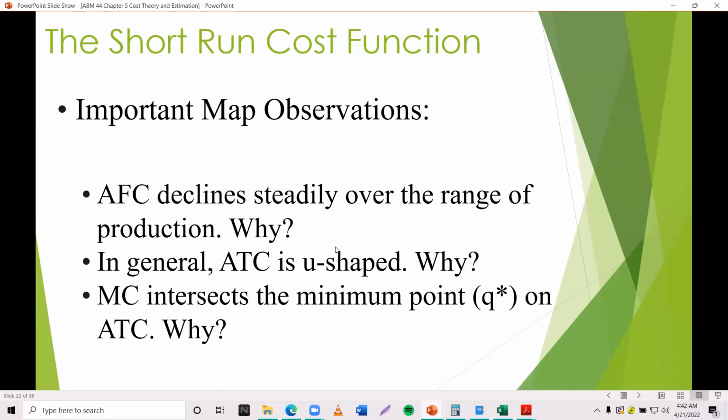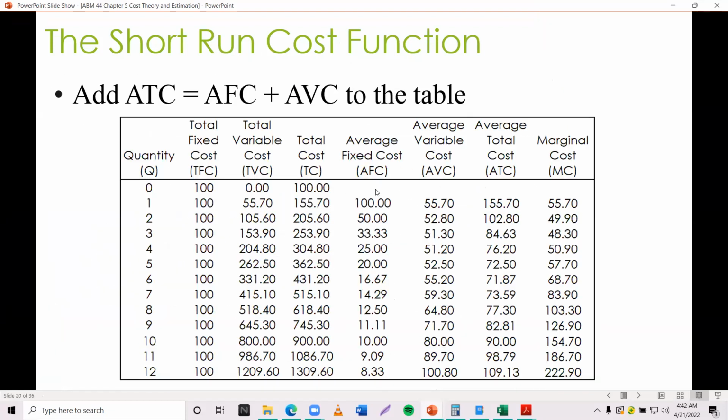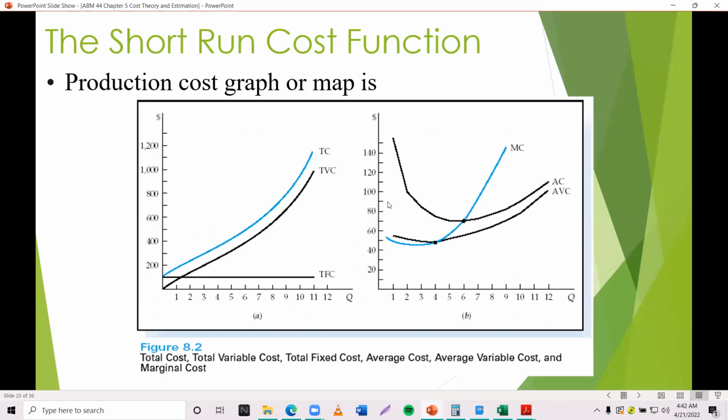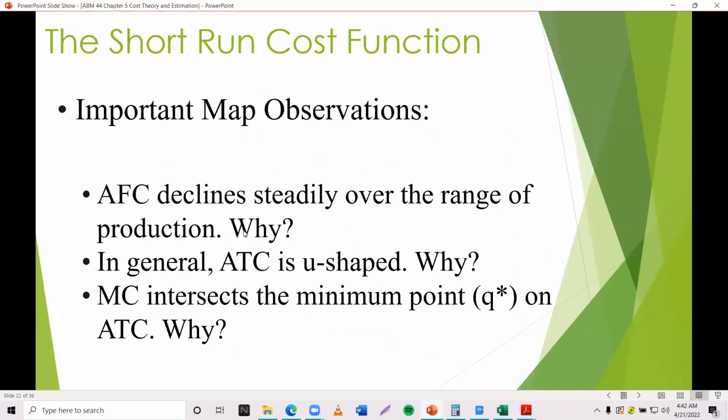The fixed cost is getting smaller. In reality, our fixed cost is depreciating. The more quantity you use, the lesser its fixed cost would be. That is why it declines steadily over the range of production.